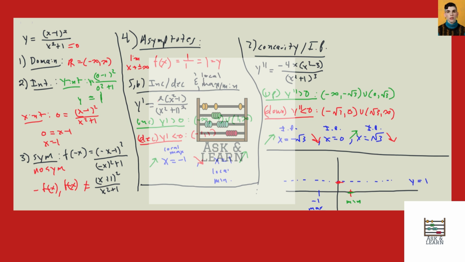So this is going to be negative square root of 3, and over here will be square root of 3. And so we know at those points, our graph should flatten out a little bit and change concavity. All right, so actually maybe I shouldn't put those because we don't know if we're going to be above or below the horizontal asymptote yet. All right, so let's just go ahead and start with this.